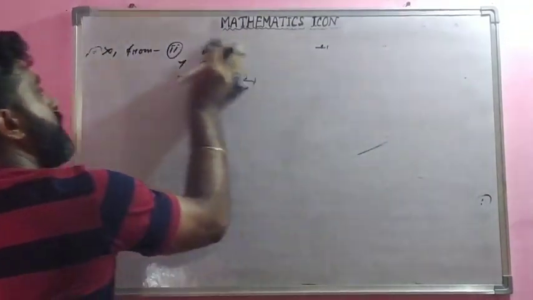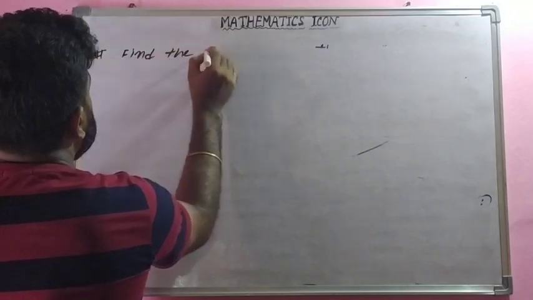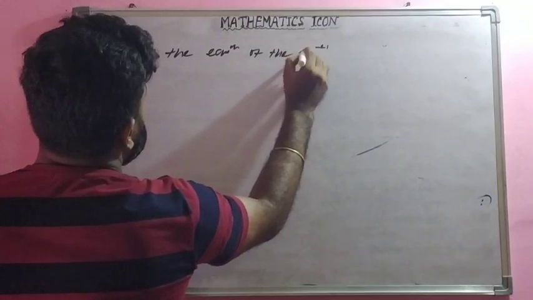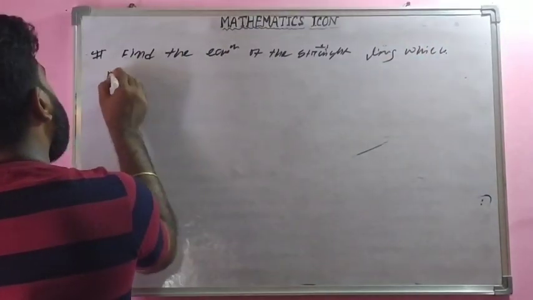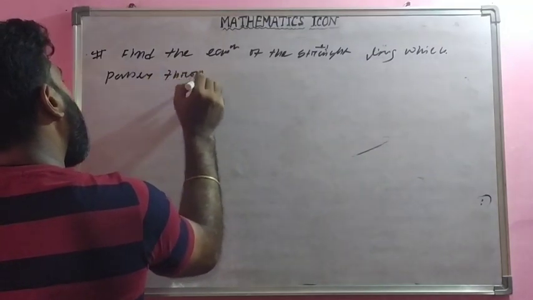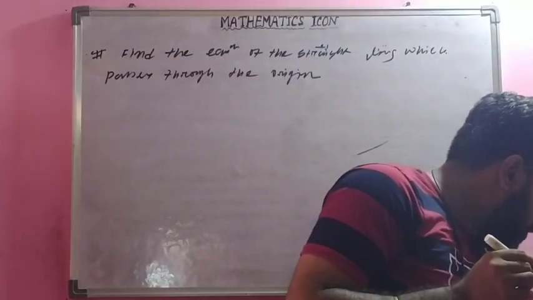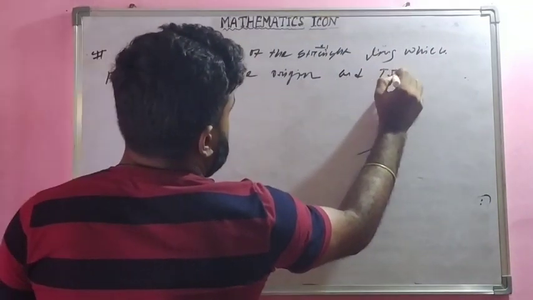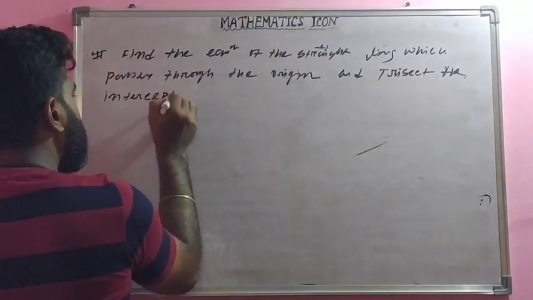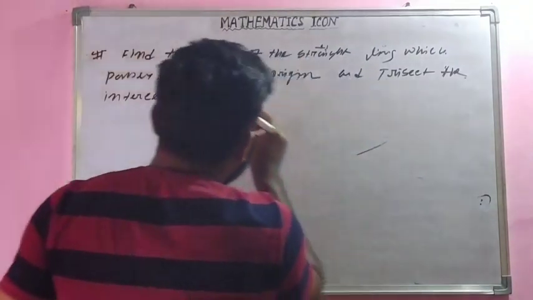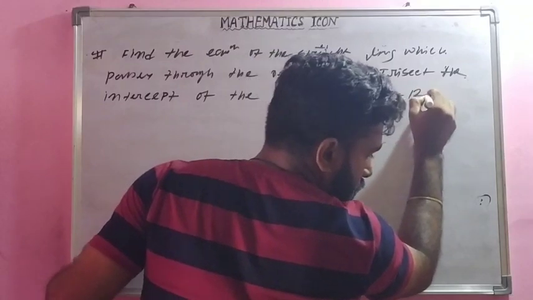Find the equation of the straight line which passes through the origin and trisect the intercept of the line 3x plus 4y equals to 12 between the axis.